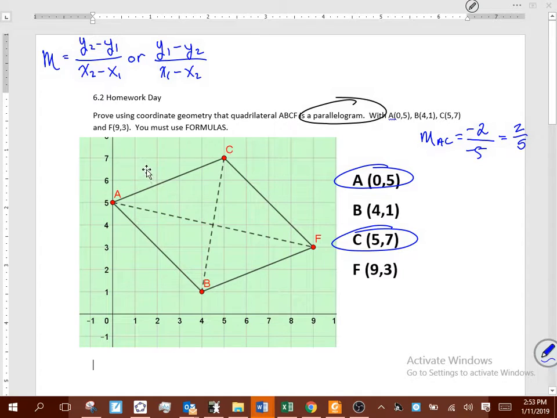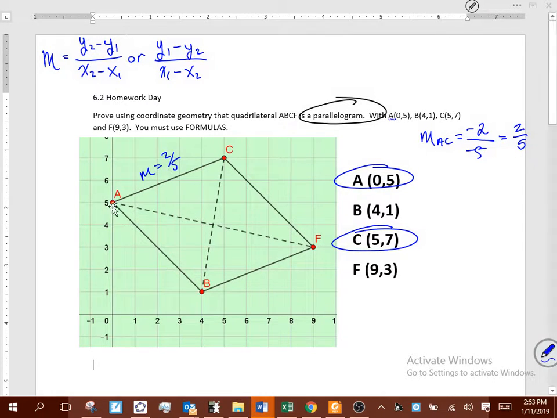Now, again, with your pictures, hopefully that should make sense. If that segment is moving from left to right and it's moving up, it's increasing, it's got a positive slope, right? The rise is a little bit slower than the run, so that kind of makes sense to us visually that this should probably be 2/5.